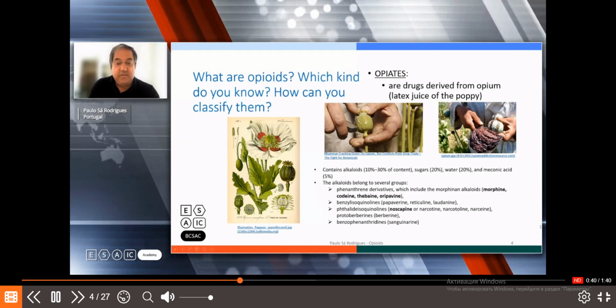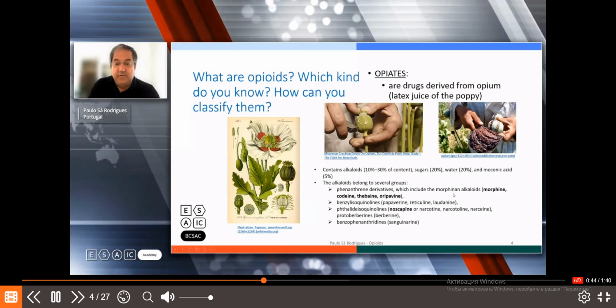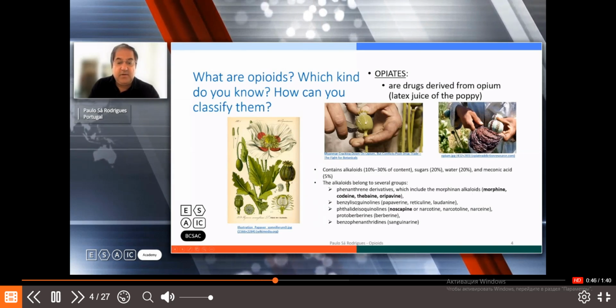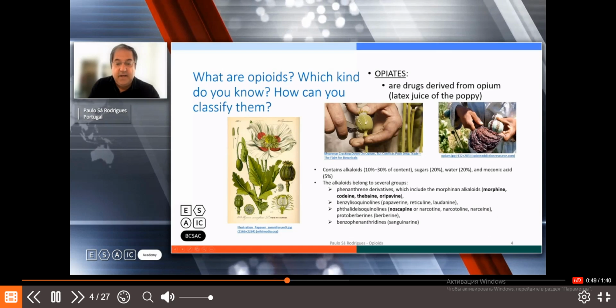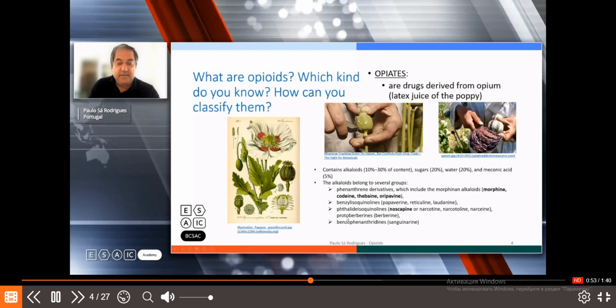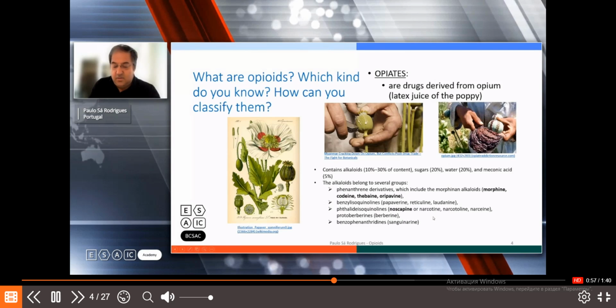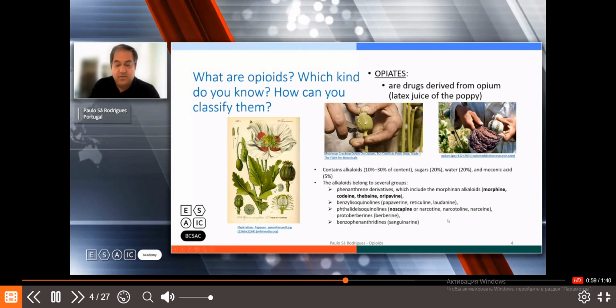And these alkaloids belong to several groups, including the morphine alkaloids: morphine, codeine, thebaine, and papaverine, and also many other drugs that may or may not be used.